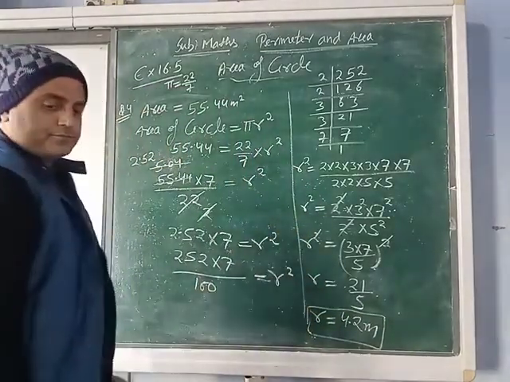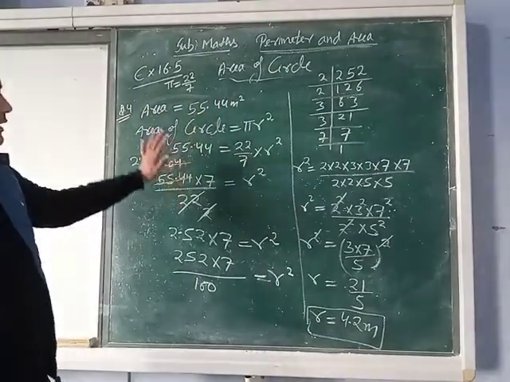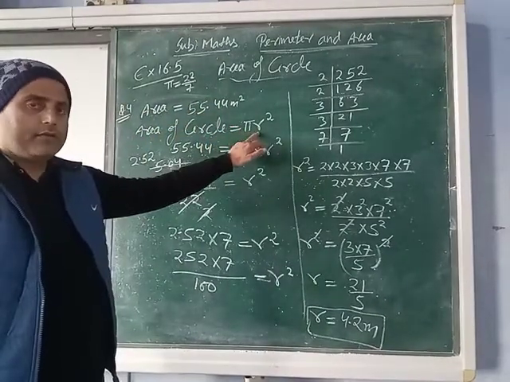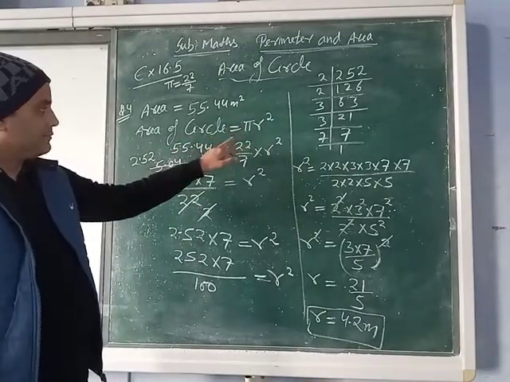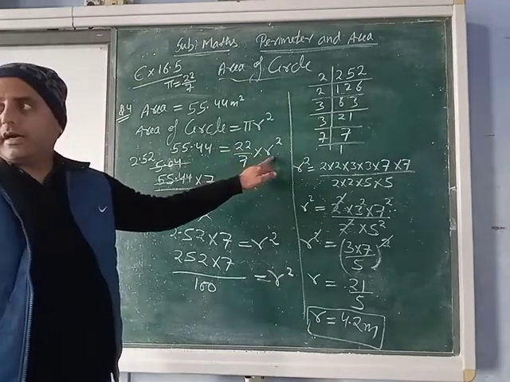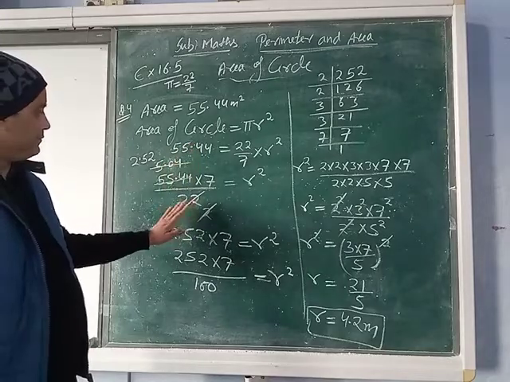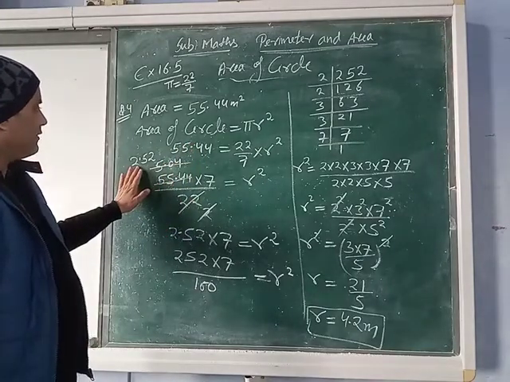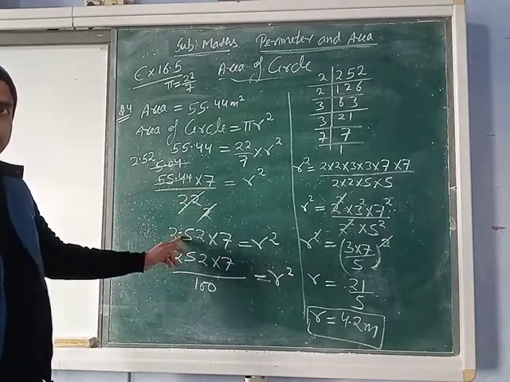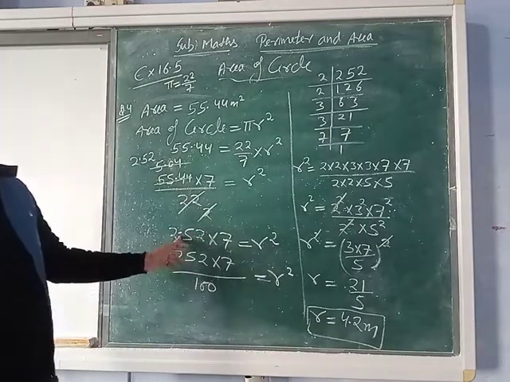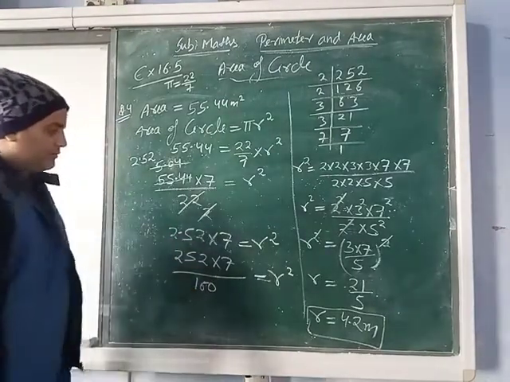See, once again, the area is 55.44. We know the area of a circle is pi r square. The area is given 55.44, so pi is 22 by 7 multiplied by r square, then cross multiply, that is 2.52 multiplied by 7. Here the decimal is given, so for removing the decimal, since 2 places are given, we have taken 2 zeros.